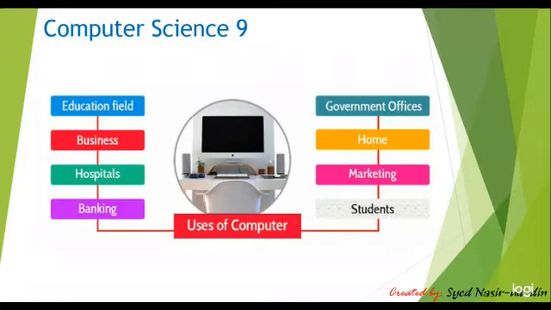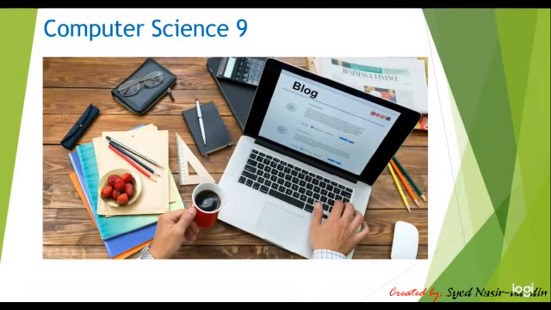It is also a great source of information. With the help of it, we can get information in a matter of seconds from any part of the world. After knowing the importance of computer, we now come to our main task.